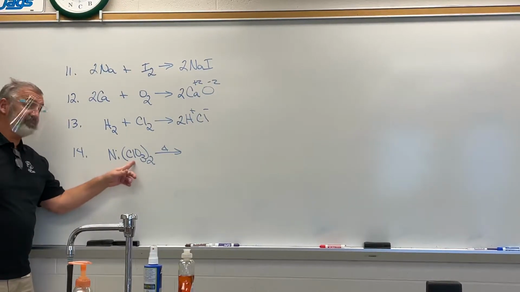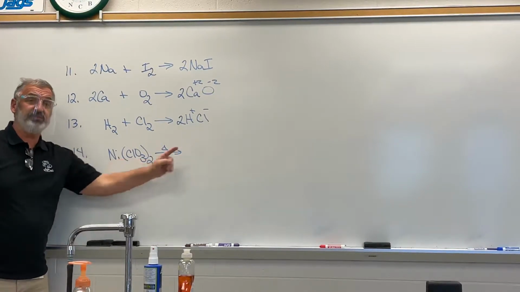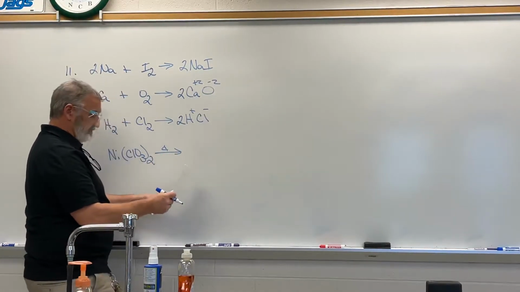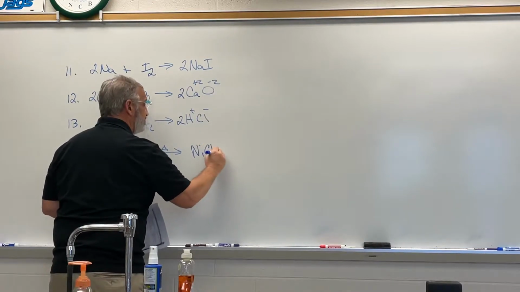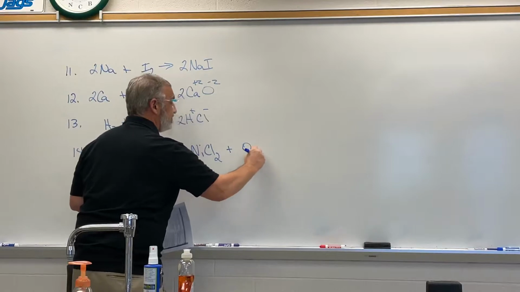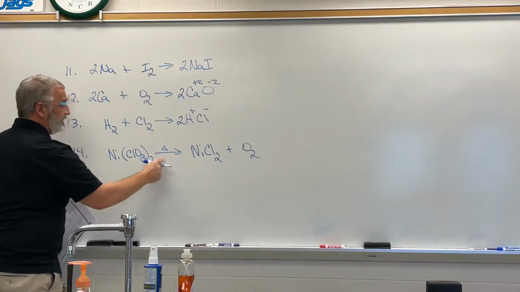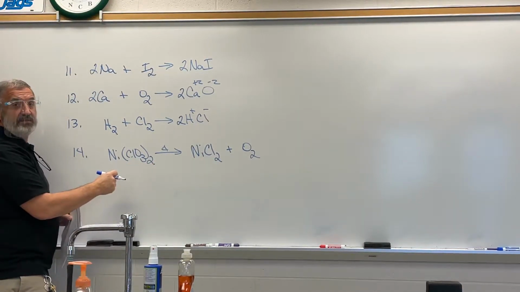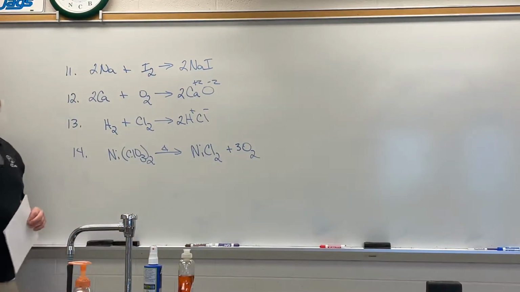NiCl2, and it tells me it's nickel 2, so NiCl2 plus O2, oxygen gas. Now we have to balance it. 1 nickel, 2 chlorines, 2 chlorines. How many oxygens do I have? 6. So I have to put a 3.